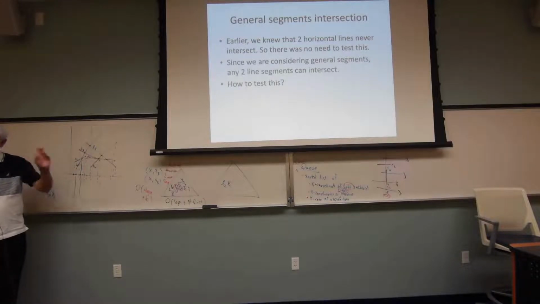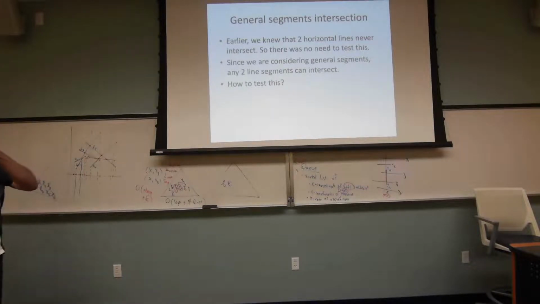It's interesting, and what is much more important is the following: at this intersection point, the ordering between L1 and L2 flips. Here, L2 was below L1, but as soon as it intersected, L2 became above L1.